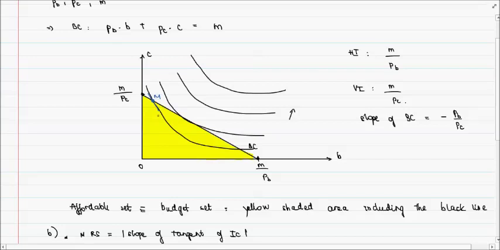As you can see, that blue line over here is the tangent of the indifference curve at point M. And obviously this blue line is steeper than the black line, which indicates that the absolute value of the slope of the blue line is bigger than the absolute value of the slope of the black line, which is what we want. We want the slope of the tangent of the indifference curve at this point M, which is the marginal rate of substitution, to be bigger than the relative price.